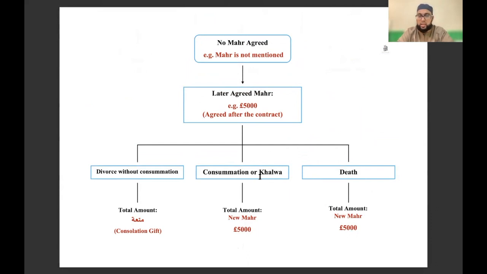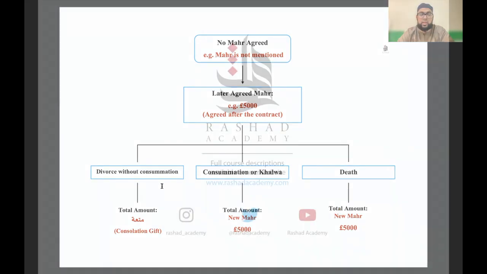You may have noticed that consummation, khalwa and death are all the same. So that could have possibly been just one category. So they don't agree on a mahr. Later they agree on 5,000 pounds. Then if consummation takes place, she will get 5,000 pounds. Death, 5,000 pounds. If it's divorce without consummation, she won't get half the 5,000. She will get mut'ah. So it'll be as though they never agreed on anything.